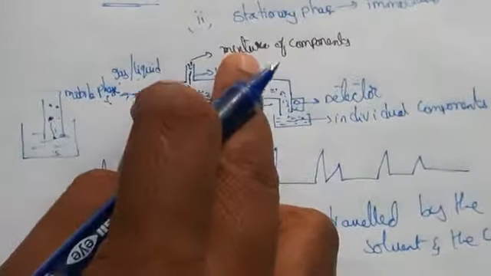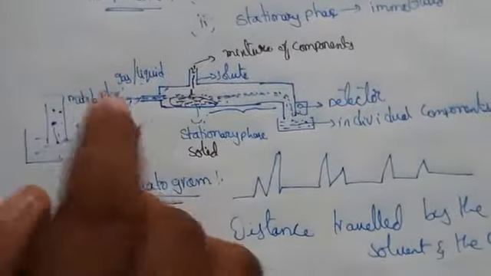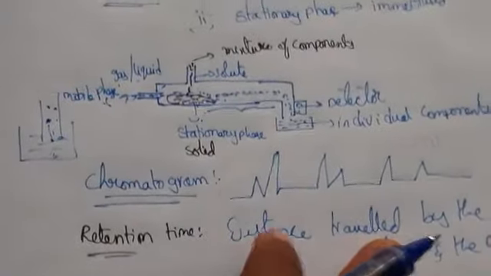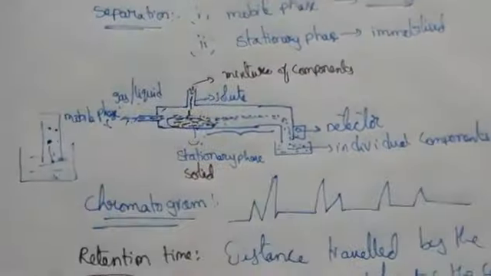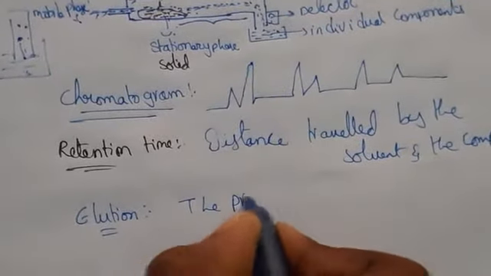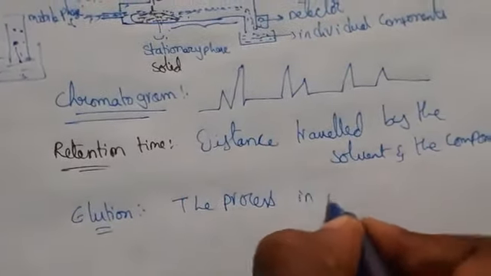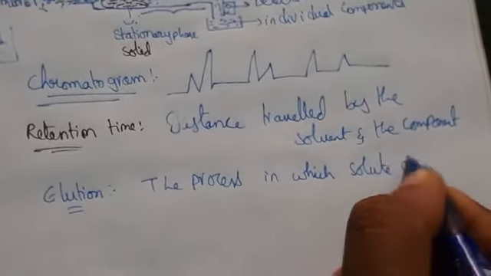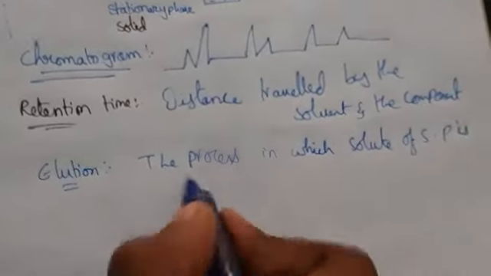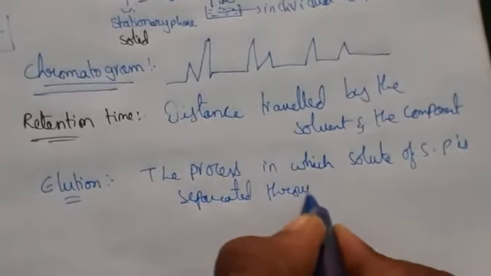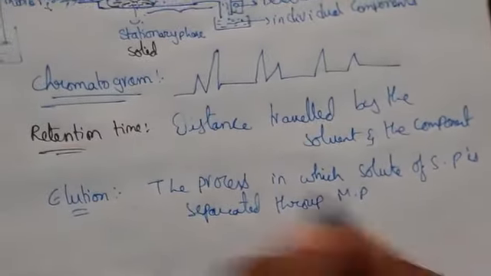The process in which the solutes are separated through the mobile phase, we call elution. The process in which the solute of the stationary phase is separated through the mobile phase, we call elution.